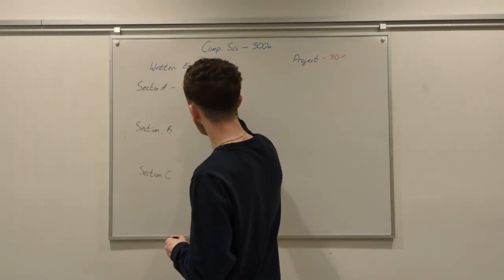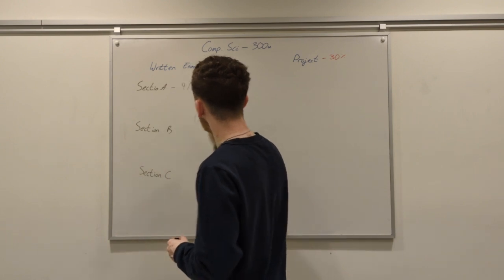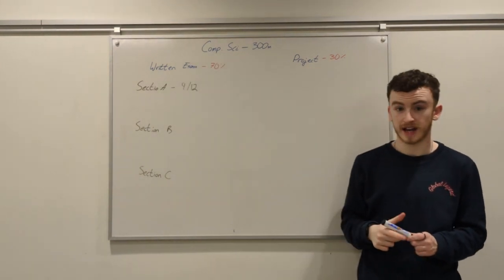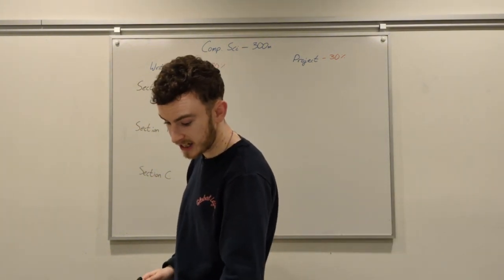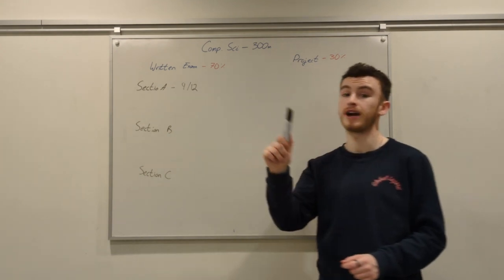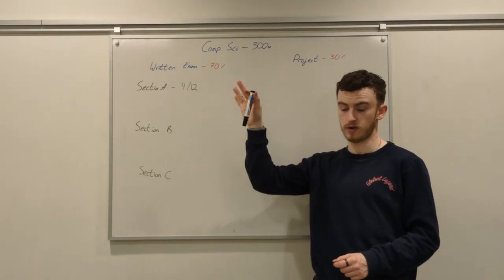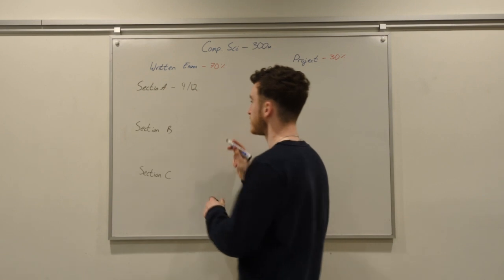This is where you're given 12 short questions and you have to answer 9 of them. Or you have to answer at least 9 of them. Now, short questions, I would recommend, if you can, answer all 12, and then the examiner will just take your best 9.